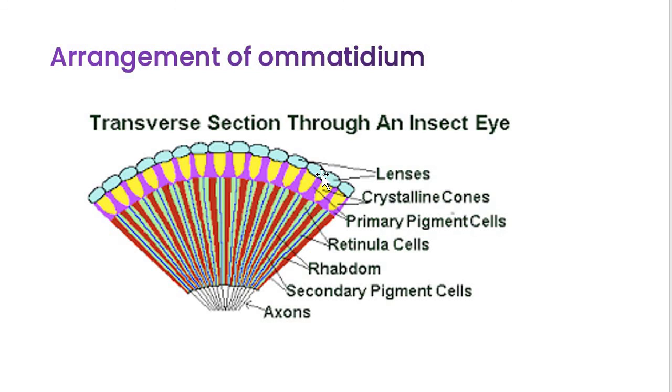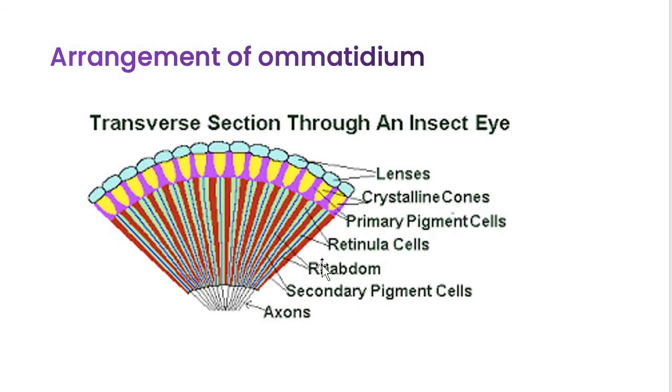Now the third layer is the cone or Semper cells. Beneath the corneagen layer there are four distinct cells. They secrete a crystalline or liquid cone. The cone cells may also occur as transparent cells without secreting any cone, or remain unmodified. Now the next layer is the retinula cells.